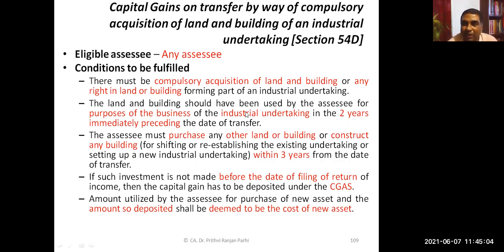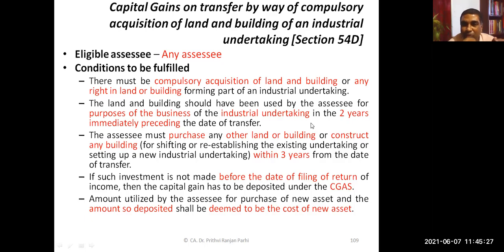And this is for compulsory acquisition, not a voluntary transfer. Here, the condition is that there must be compulsory acquisition of land and building, or any right to use that land and building. And the land and building should have been used by the assessee for the purpose of business of industrial undertaking.